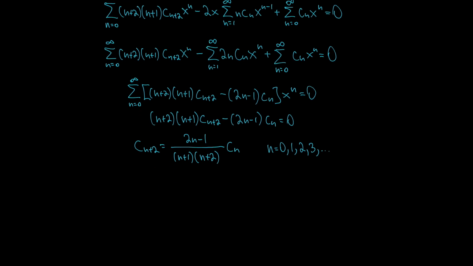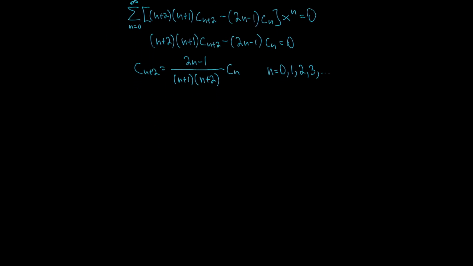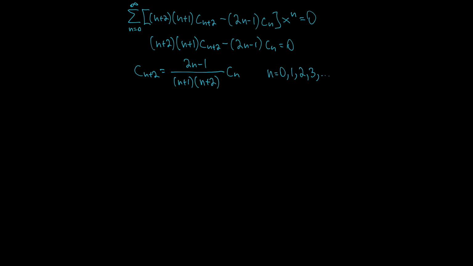Okay, so let's plug in a whole bunch of values for n so we can identify the pattern of the coefficients and express everything in terms of C0 and C1. So we'll start with n equal to 0, and then that'll give us C2 equals negative 1 over 1 times 2 times C0. N equals 1 gives us C3 equal to 1 over 2 times 3 times C1.